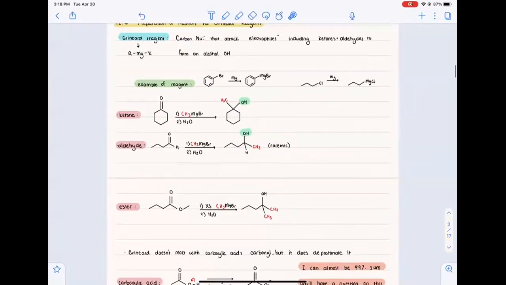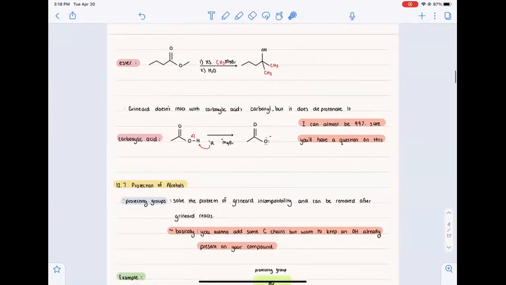So now we have our Grignard's reagent, and something that I even put on there: I'm almost 99% sure you'll get a question like this on your exam, where it's carboxylic acid reacting with Grignard's reagent. Please don't touch the double bond. It's just going to go ahead and grab that hydrogen. Sometimes, but we will see something in a second about how to protect.